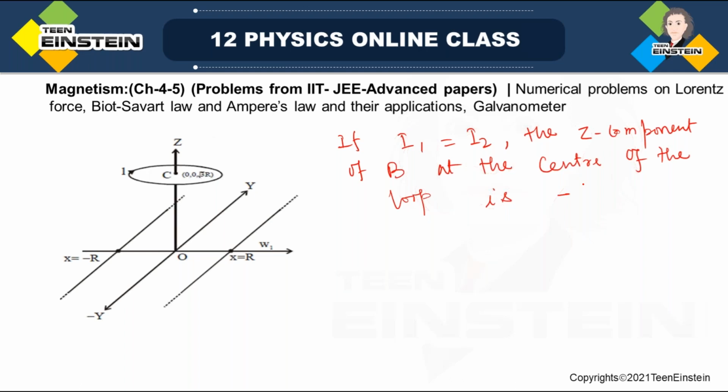This is the Z axis. There, if we take their components, there will be magnetic field along the x direction, because this is the x direction. So at the center of the ring, the magnetic field due to the wires will be along the x direction. Hence the magnetic field at the center will be only due to the loop itself.